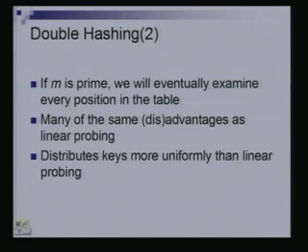Now, we would not like the following to happen: there are empty locations in the table, but you start from a certain location and go, say, 3 units ahead, and again 3 units ahead, and keep finding everything full, and then you come back to the starting location. Then you would not be able to insert the element at all, because all the locations you looked at were full, while the other locations in the table were empty. So you somehow want that you don't cycle back. But when will you cycle back?